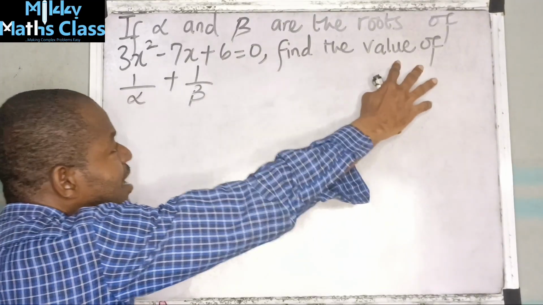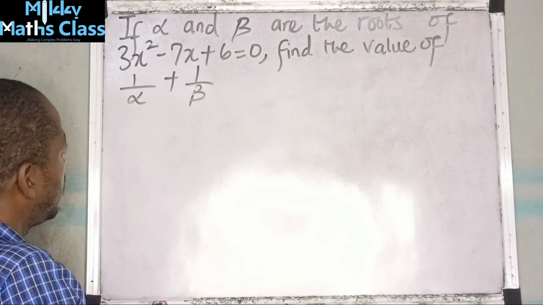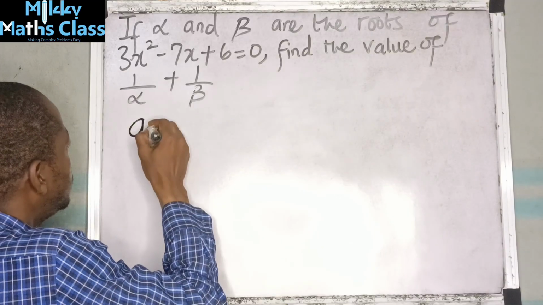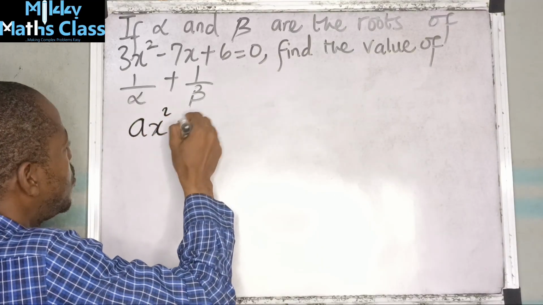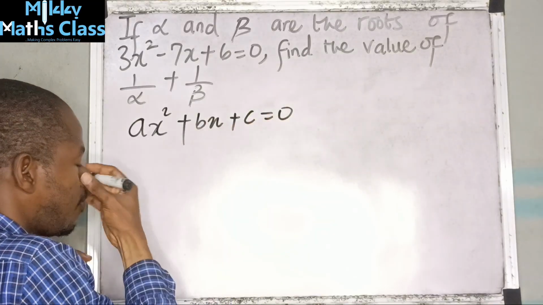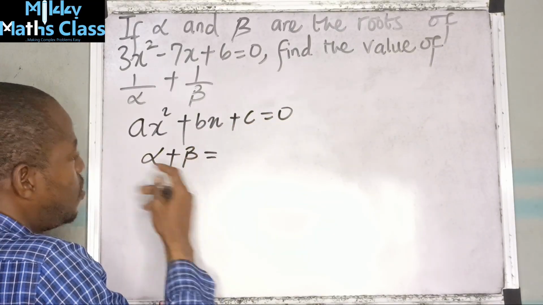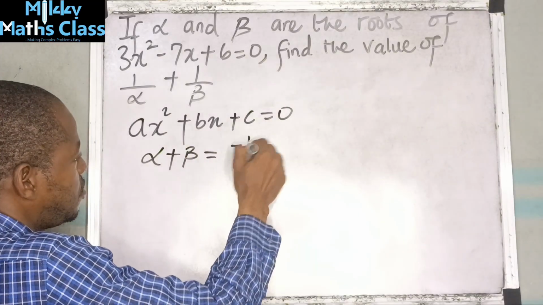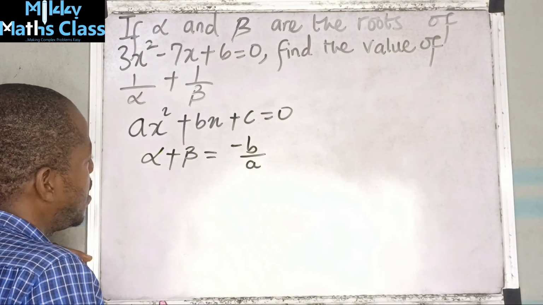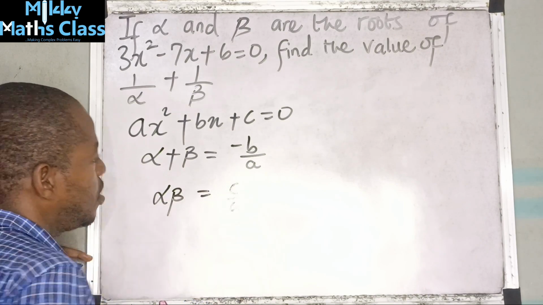We are now asked to find the value of 1 over alpha plus 1 over beta. Now we use the root relationship for a quadratic equation. If I have a quadratic equation in this form, alpha plus beta is equal to negative b over a, and alpha beta is equal to c over a.